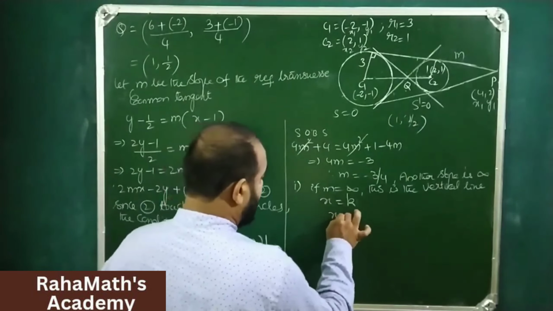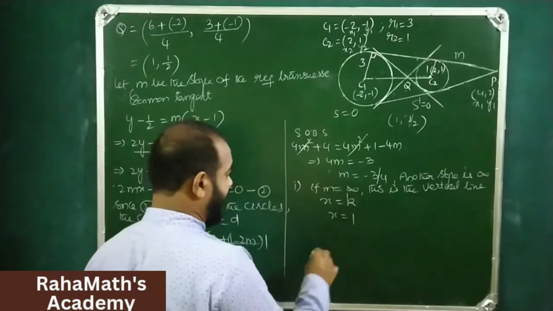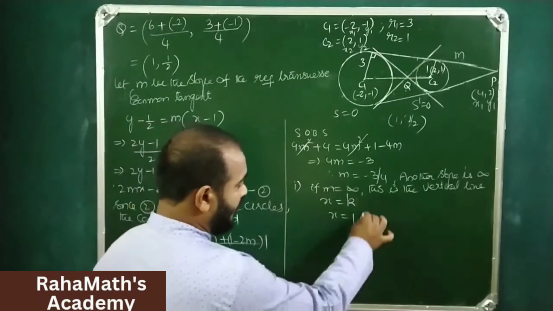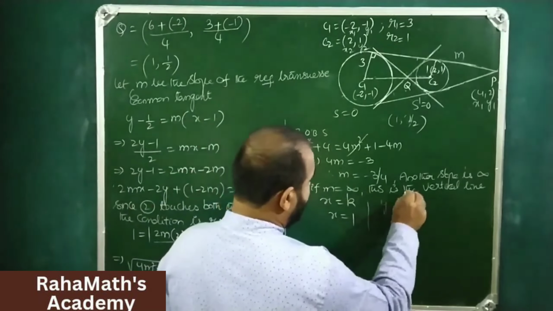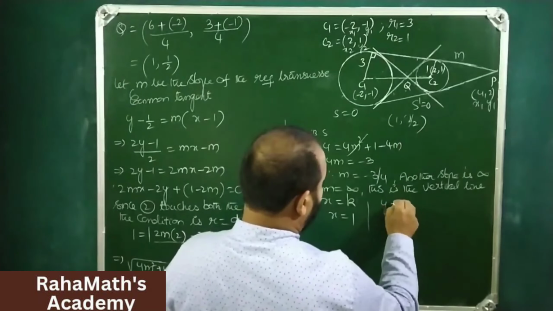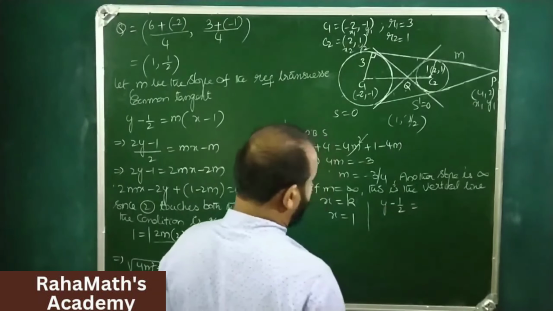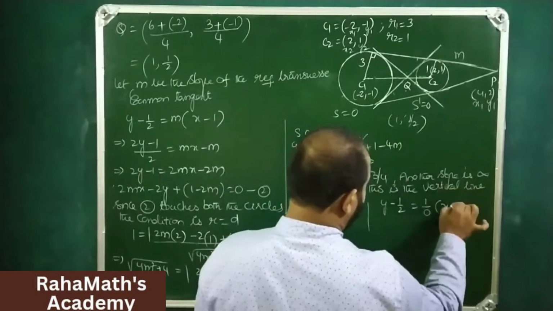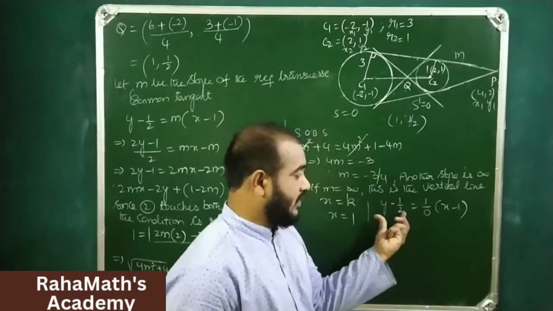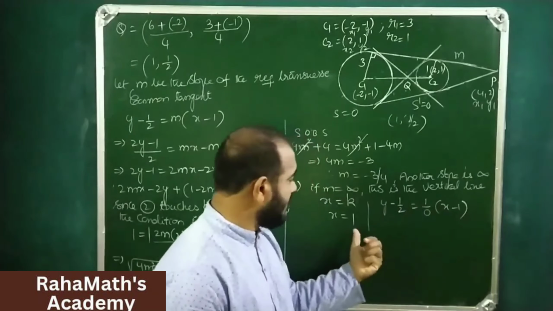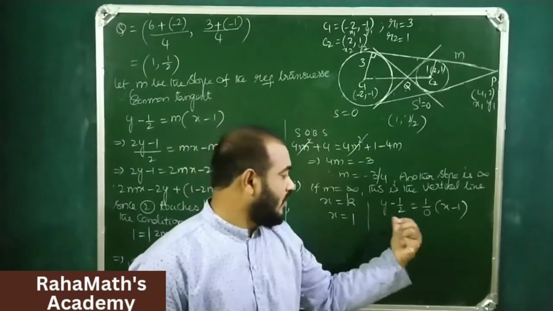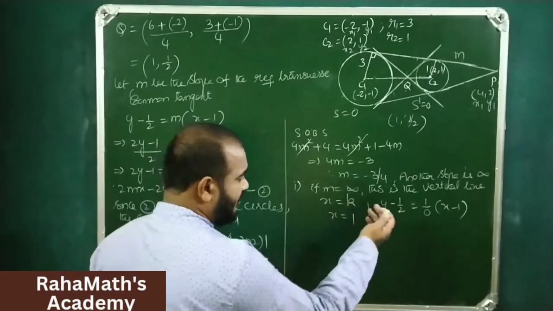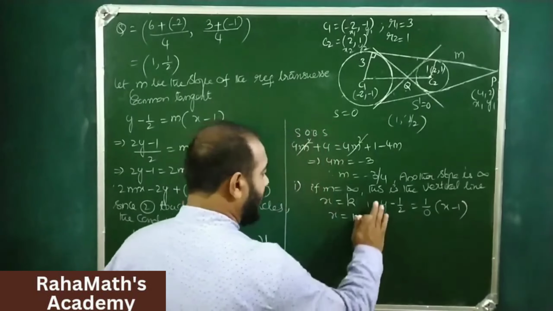Therefore x equals 1 is one of the lines. Otherwise you may even take it like this: y minus 1 by 2 is equal to m, which is infinity, which is 1 by 0, into x minus 1. So 0 into something is equal to 1 into x minus 1, or x minus 1 equals 0, x equals 1. One of these two you may take into account.